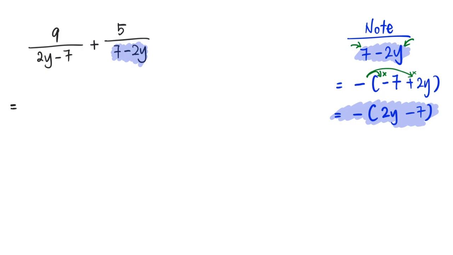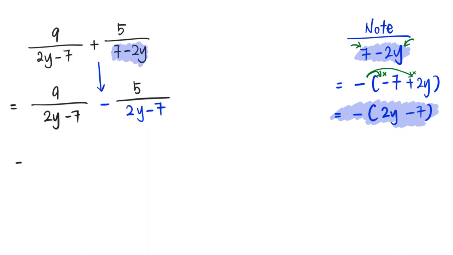And because there is a negative in front, it does affect the sign here. It will become a negative, and I will be able to rewrite it as negative 2y minus 7.